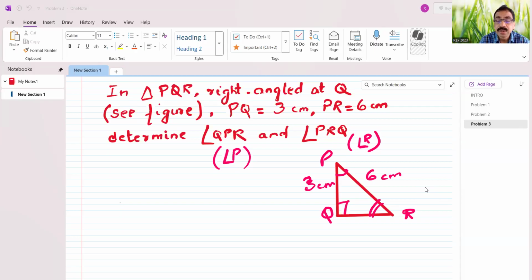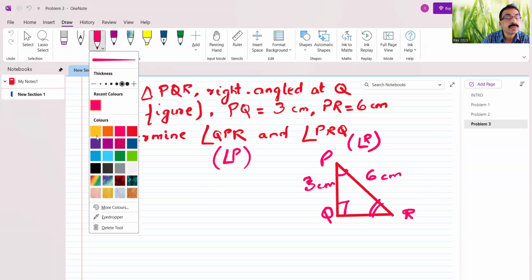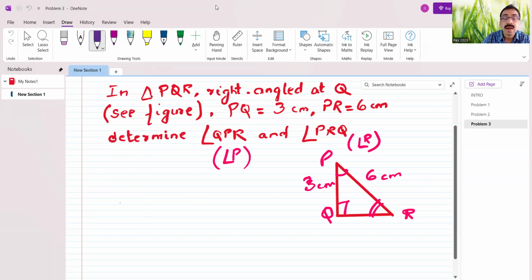We're given a right angle triangle, right angled at Q, and two sides: PQ, which is 3 centimeters, and PR, which is 6 centimeters. We are supposed to find the two angles, angle QPR and angle PRQ.